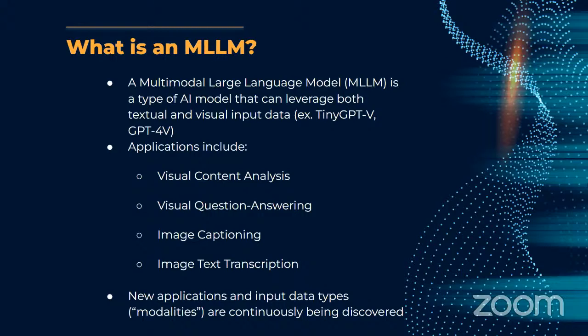Then comes image captioning, which is one of the trending things in the current AI industry. It will analyze the overall scene of any image, or if we upload any image, it will analyze every portion or every element of that image, and based on that, it will make a caption or describe what is happening in that image. And image text transcription.